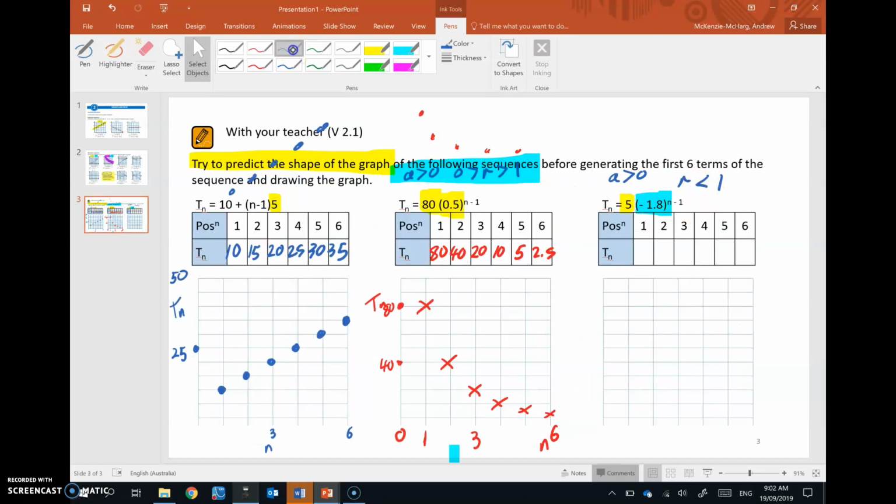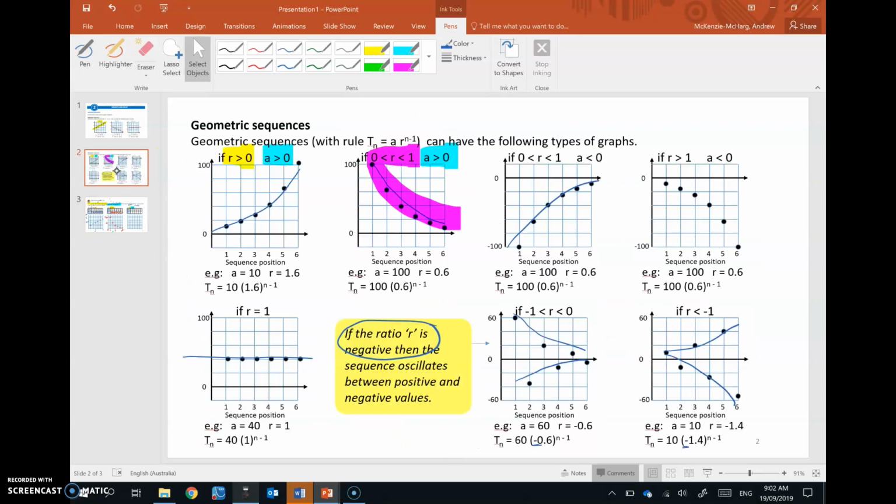Sorry, I should have said r less than negative 1. Beg your pardon, because it's greater than negative 1. My mistake. So you may have realized by now that the one we're looking for is here. And notice they don't actually speak or show anything about the a value there. It doesn't really matter what the a value is.